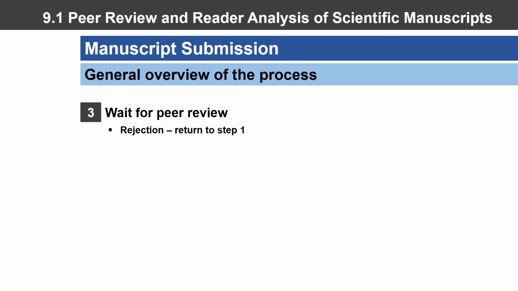So after the peer review takes place, which again could take a couple of months or more, you have the following 3 decisions that might come to your inbox as you are constantly checking your inbox every single day, wondering about the fate of your work. The first is the most unfortunate type, and that's outright rejection.